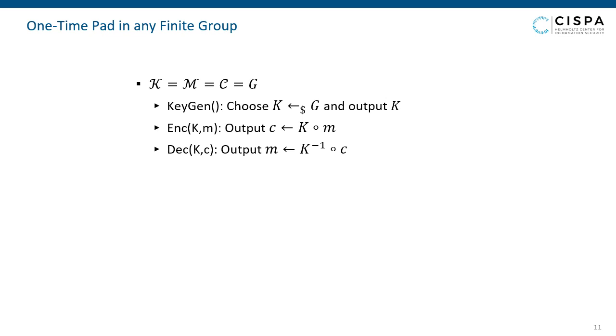So we can set key space K, message space M, and ciphertext space C to be just a group G. Then our keygen algorithm becomes choosing a key K uniformly random from the group, and encryption is performed by just applying the group operation on K and M. Decryption is now performed by multiplying K inverse onto C. Really, both correctness and security proofs are essentially the same as for the basic XOR one-time pad that we've just seen.